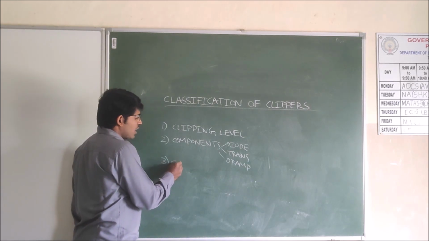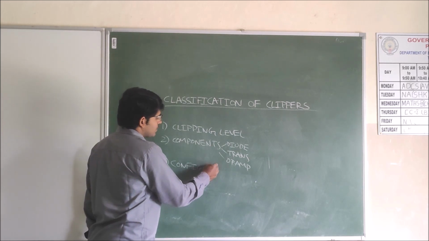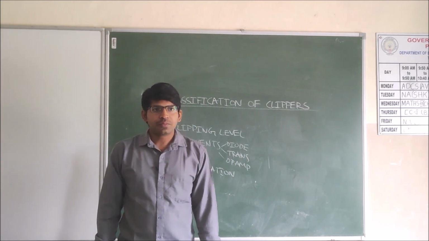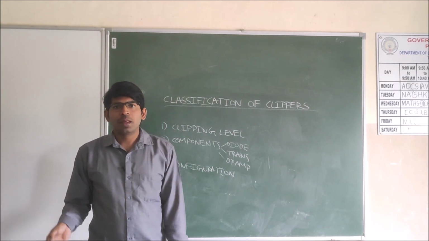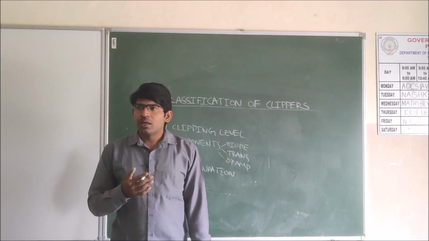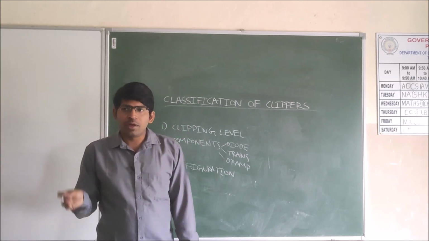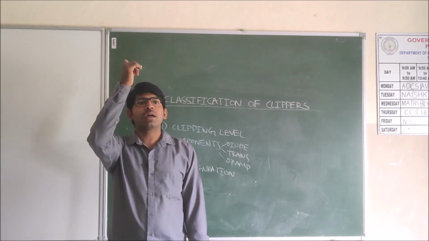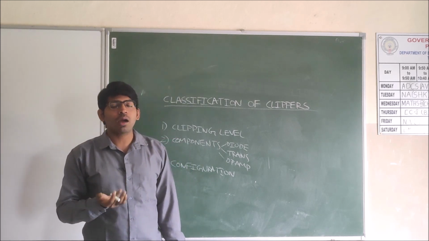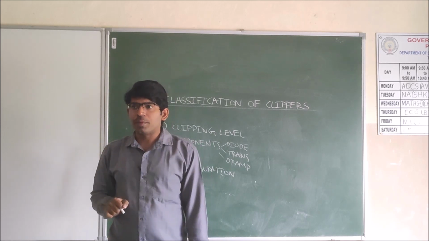The next one is based on the configuration in which we are connecting the clipping element. In the first year you might have studied the configurations in which a transistor is connected: common emitter, common base and common collector. The transistor is single, but we connect the single transistor in different configurations. The same transistor can be connected as common emitter, common base or common collector, depending upon our requirement.